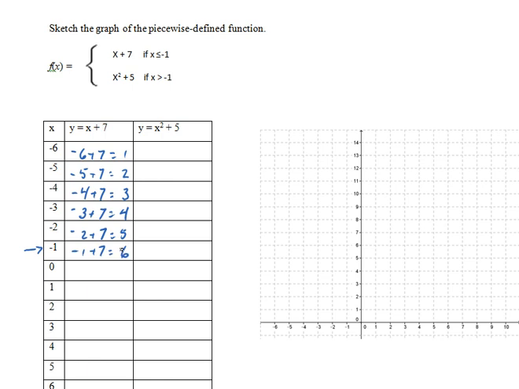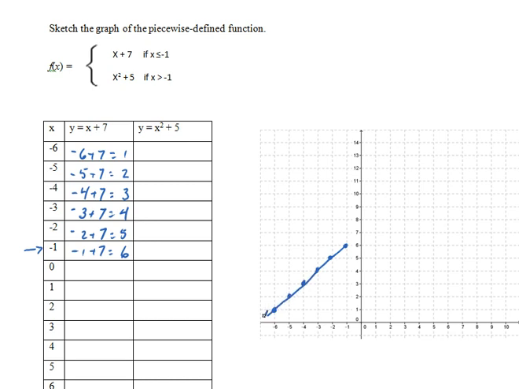So if I plot all of these points, I'll have the 6 points that we've computed, but I'm also going to connect them, in this case with a straight line.